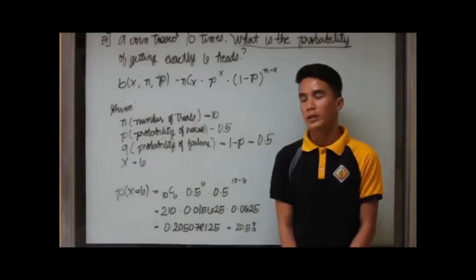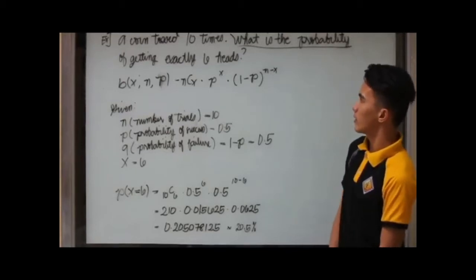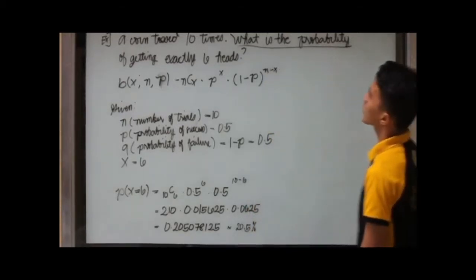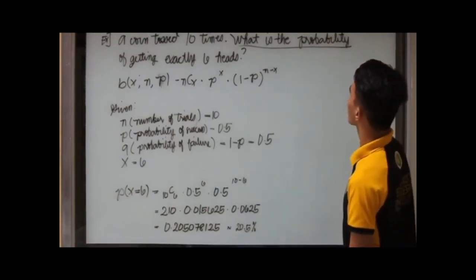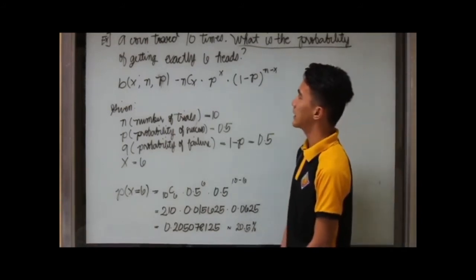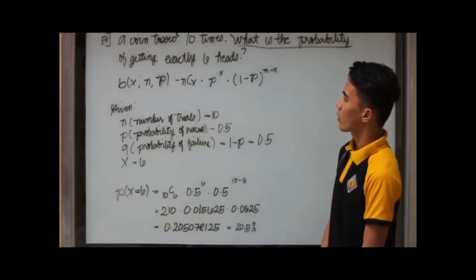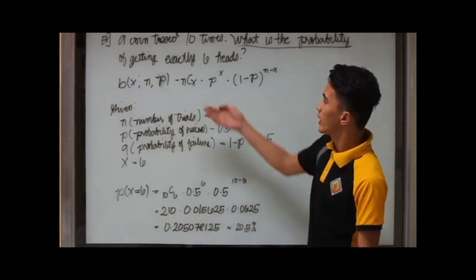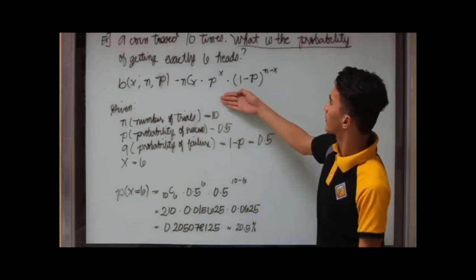An additional example of a binomial distribution problem: a coin is tossed 10 times, what is the probability of getting exactly 6 heads? In the previous example we used one formula; here we use another one.